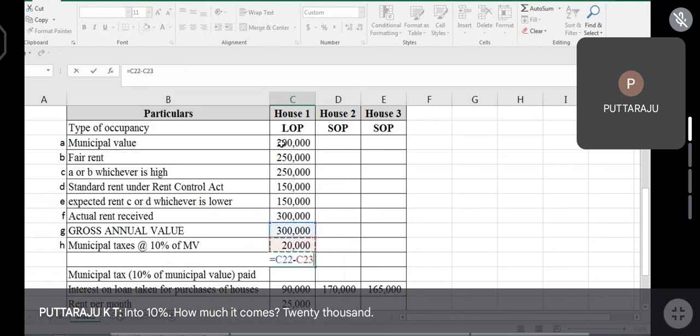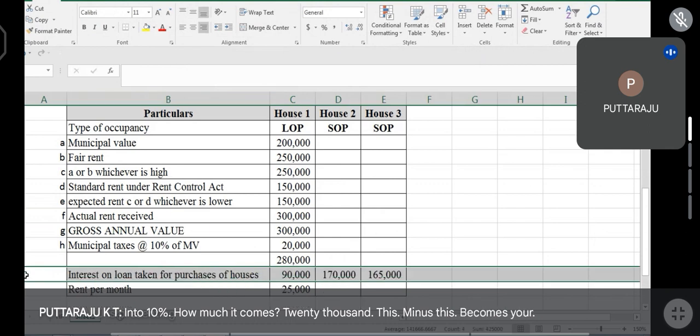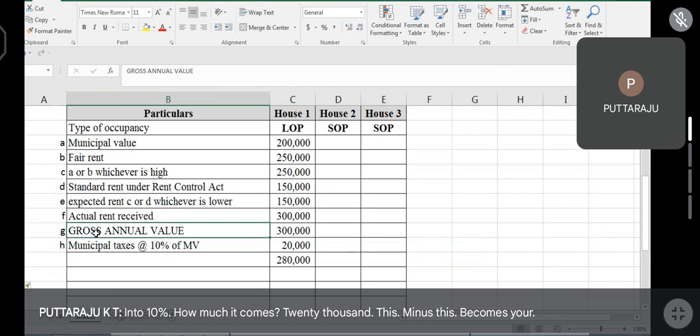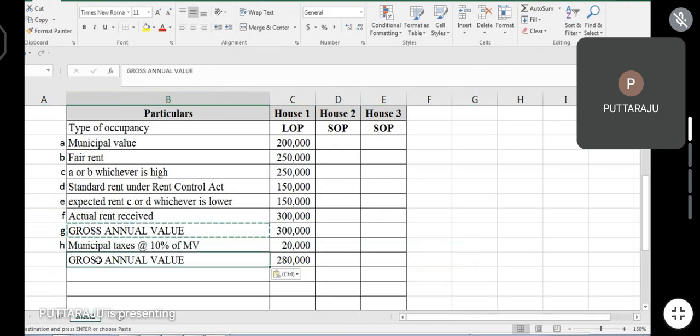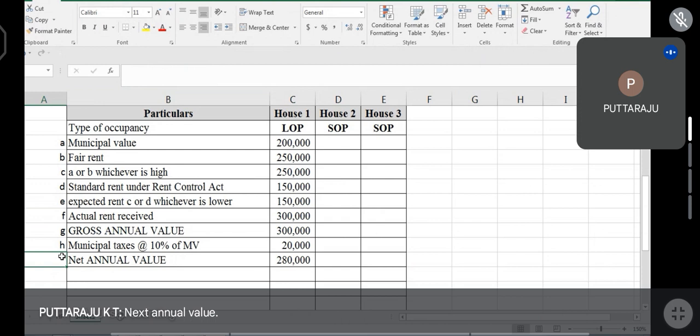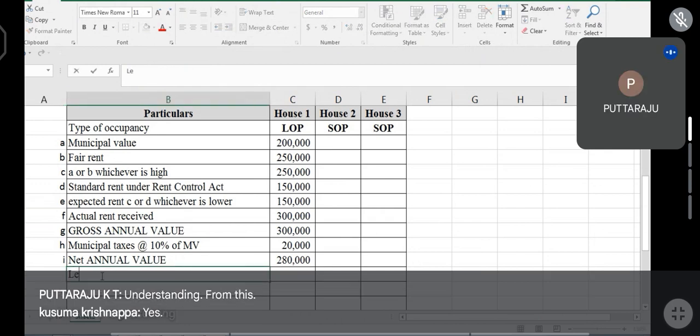This minus this becomes your net annual value. Understanding? Yes, sir.